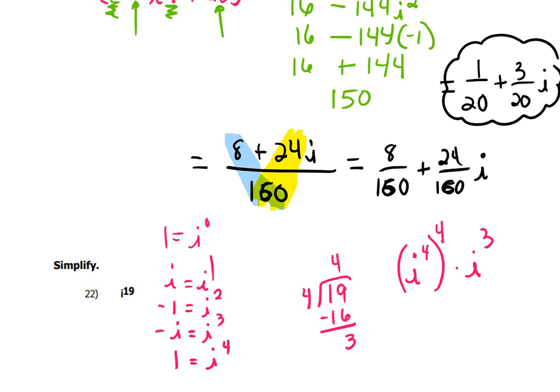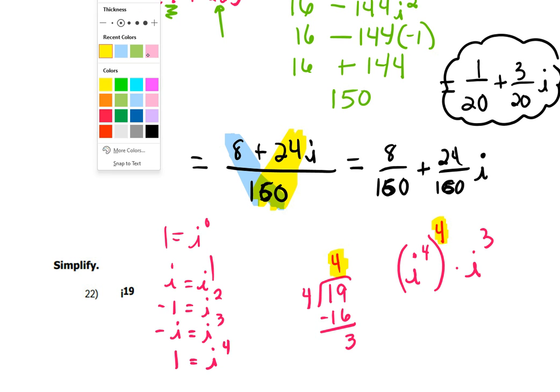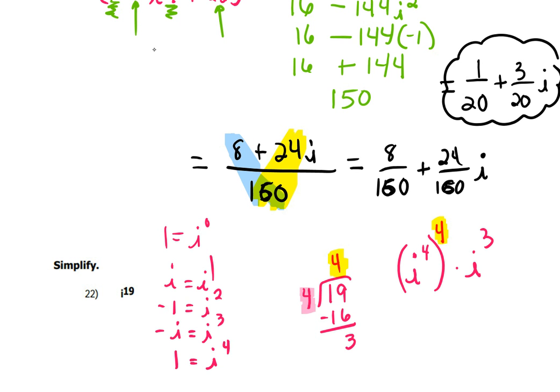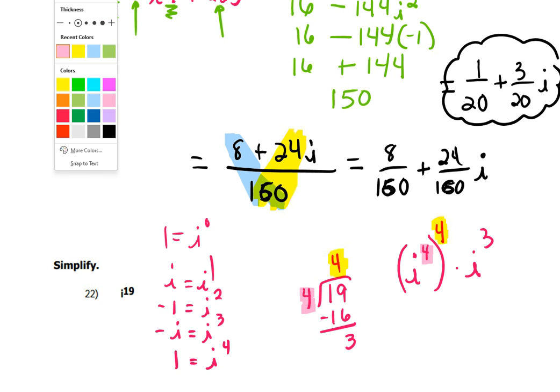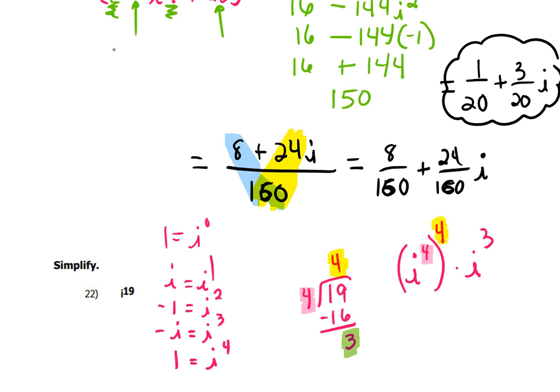Okay, so this 4 right here is this 4. And then, of course, use my highlighter here. This 4 right here is this 4, because the pattern repeats every 4. You're trying to figure out how many i to the 4ths do I have in there. And then this 3 is this one there.